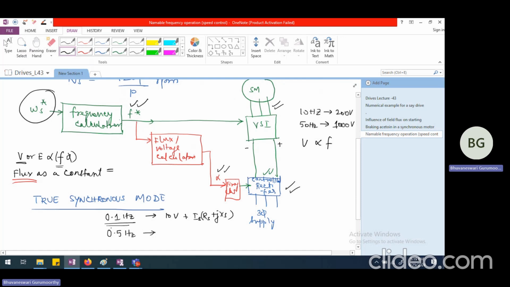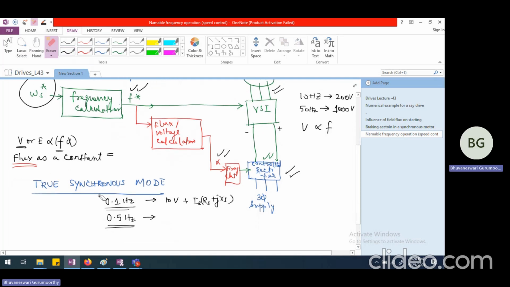Then I'll go to 0.2, 0.3, 0.4, and so on, and slowly, very slowly, increase the frequency, with the hunting oscillation happening at every step, and then it is going to synchronize with the revolving magnetic field and go further and further. From 0.5 hertz, I'm going to increase it to 1 hertz, 2 hertz, and so on. And slowly it will go step by step to 50 hertz.